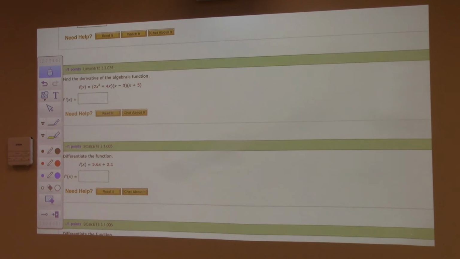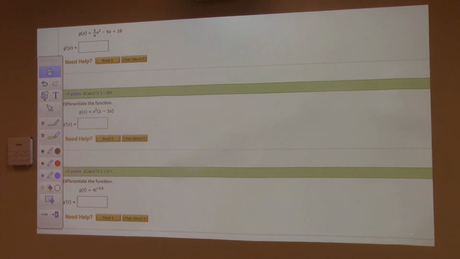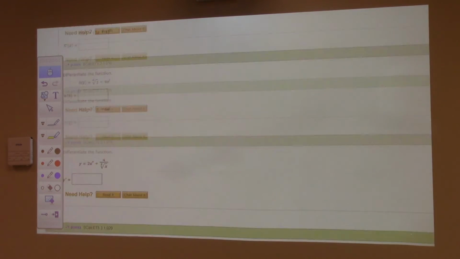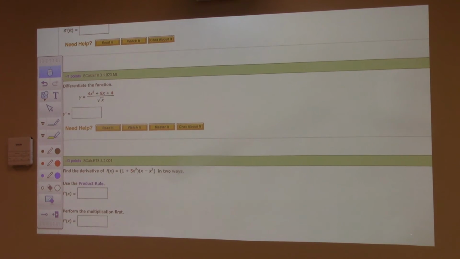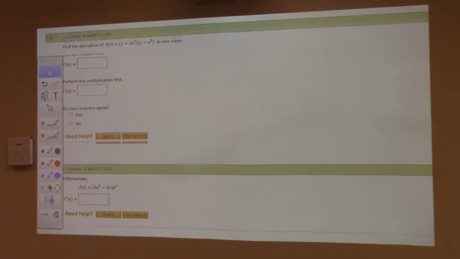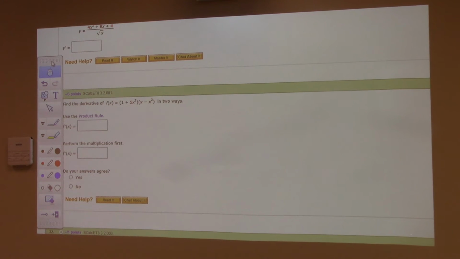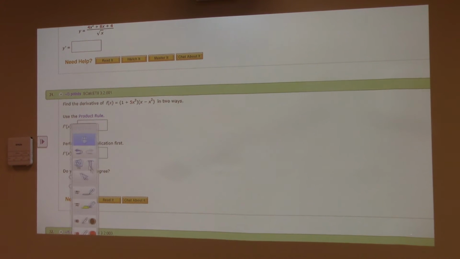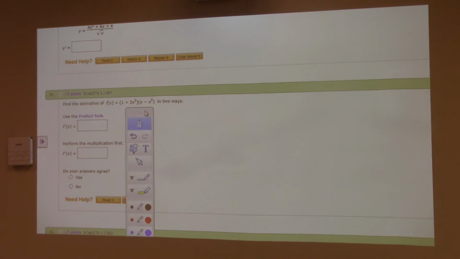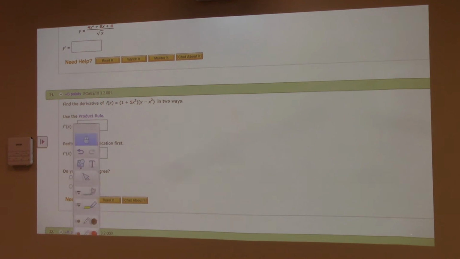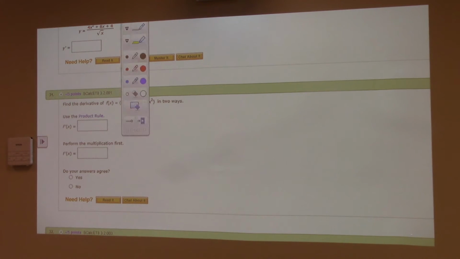I thought I put some first and second derivatives on here. They're at the end of like 2 or something. That's where I stopped. Okay, here's one that we were doing yesterday. How many did you get done? I'm on like 40, 41. And how many are on there? Last like 3 days. All right, it says find the derivative of this, and they want you to do it 2 ways.